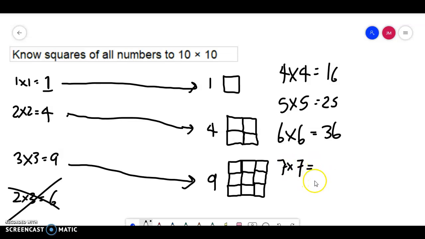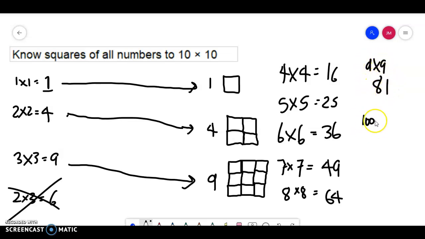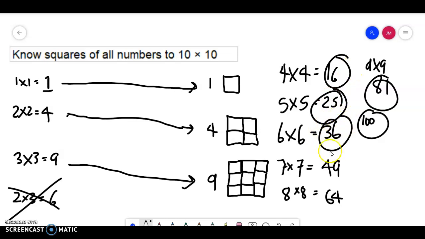You should be able to count 1, 4, 9, 16, 25, 36, 49, 64, 81, and 100. These are our square numbers. All the numbers that if you draw with arrays, as you've learned when you first started multiplication, you can make a real square.